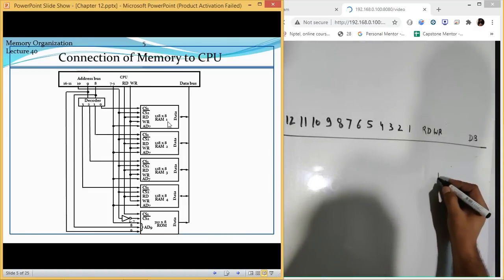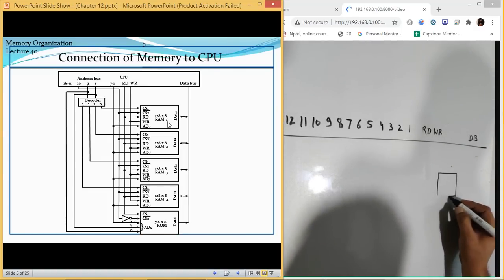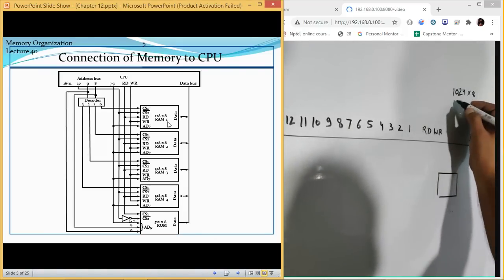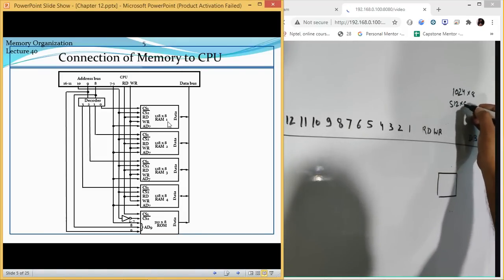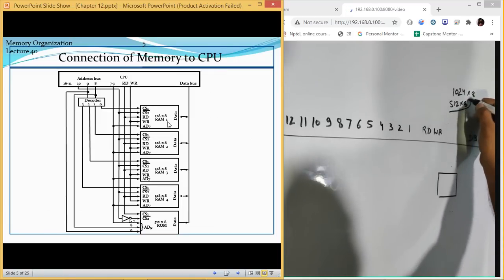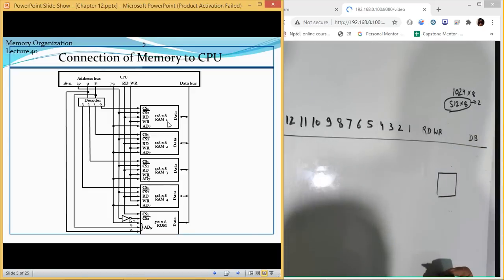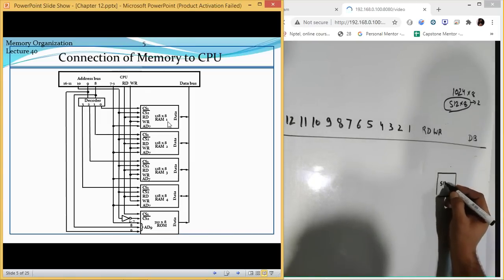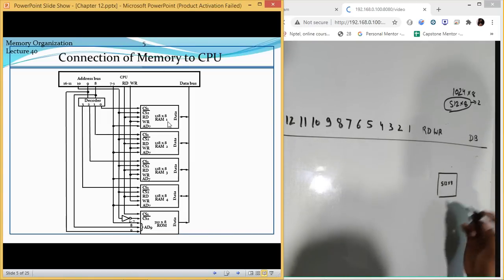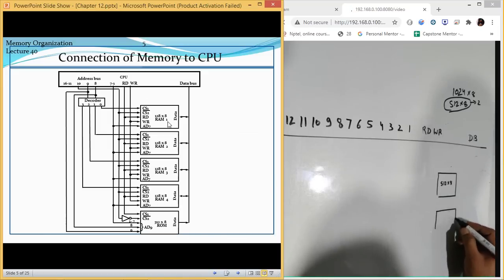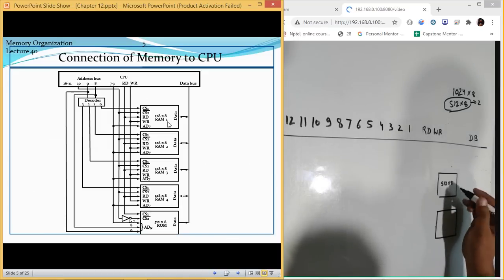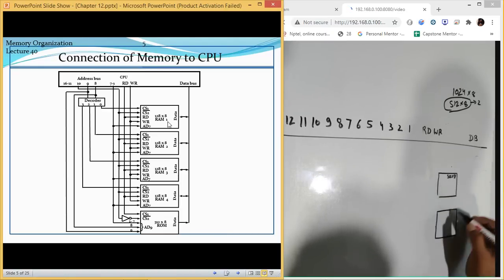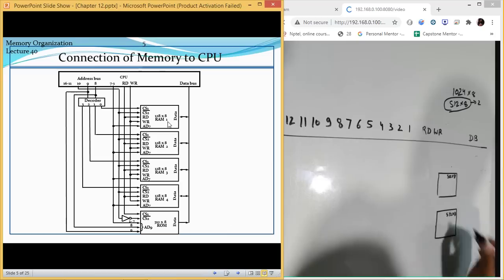Now for this, if it is 1024 which I am designing and I am having one chip of 512 into 8, simply divide these two values, and we will come to know that we will need two such RAMs. So 512 into 8, and how many are required? Only two, each of size 512 into 8.